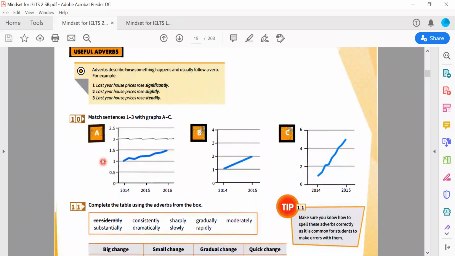Slightly means like a little bit, or smoothly. Like a little bit, it rose a little bit. And of these 3 ones, which one describes last year house prices rose slightly?